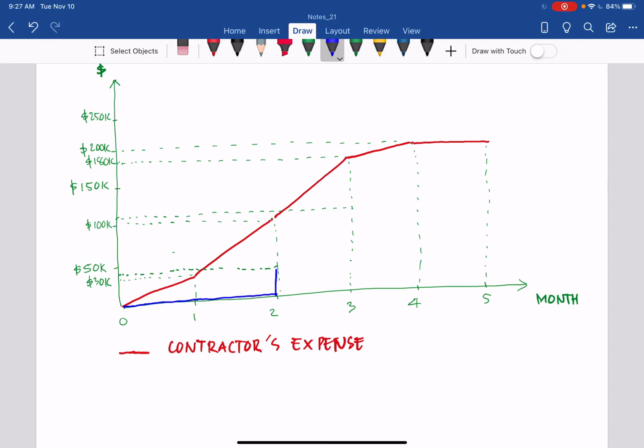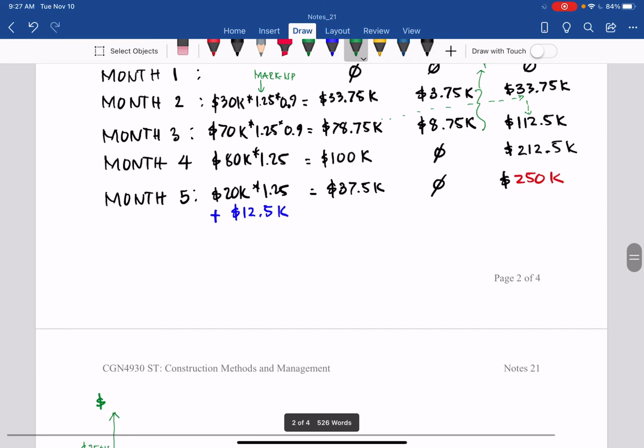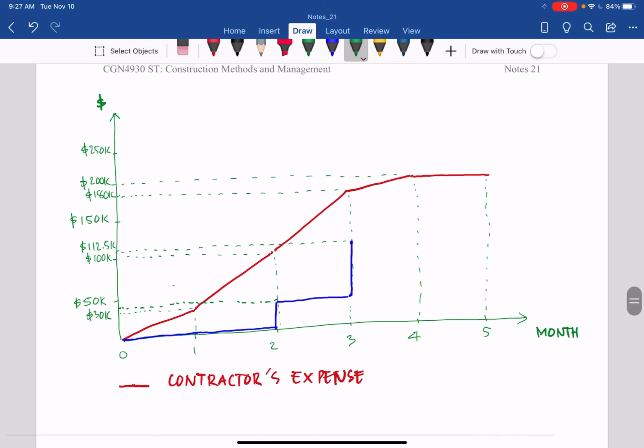So nothing paid yet, and then jump up to 112,500 and continue. It will be 212,500. So it will be up here. Like that, go up.